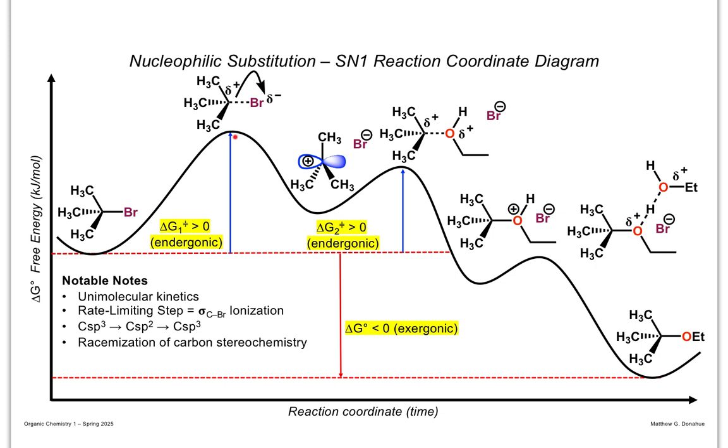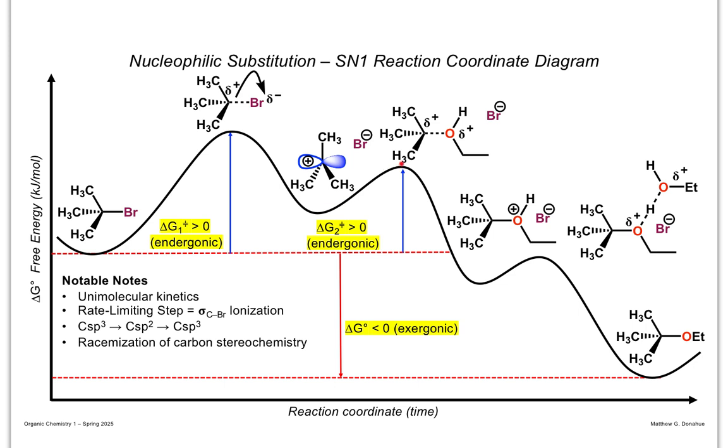So that's the rate limiting step. We have to get over that big hump first. So it's endergonic, we have to put energy in. It's a transition state because that bond is partially ionized. When it gets fully ionized, now it's in the well, that's an intermediate. So the carbocation has a longer lifetime.